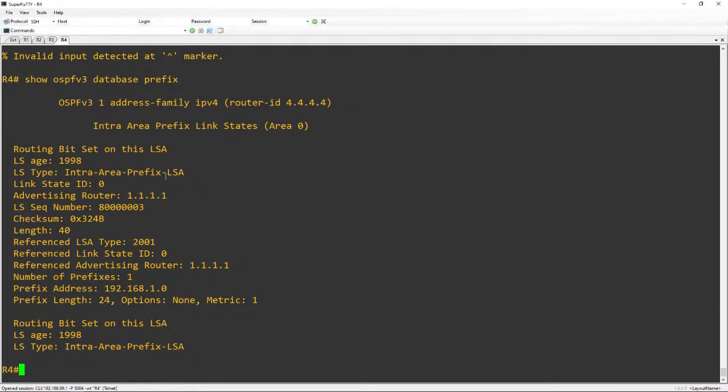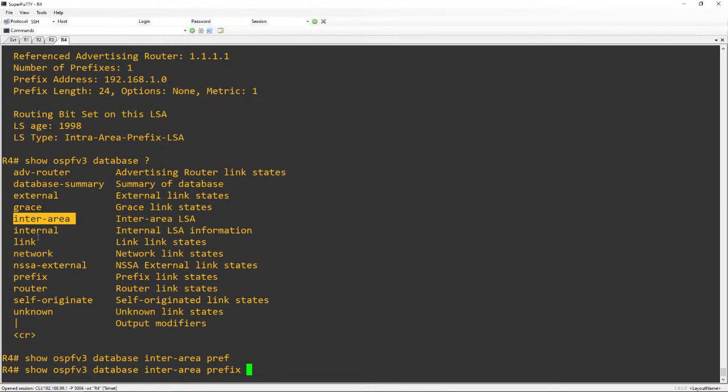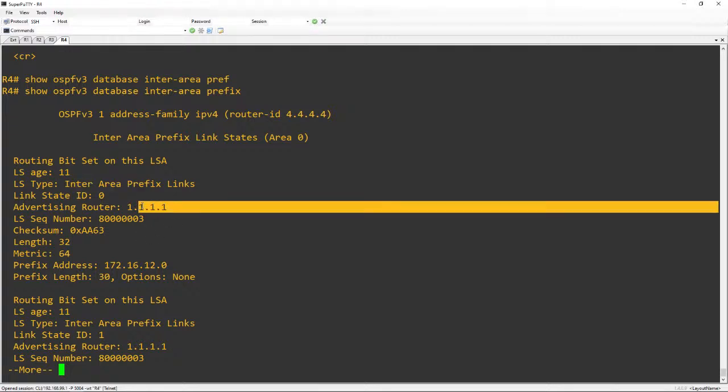I mistyped it. I was wondering why it was showing me the 1.0. I need inter-area prefix. I forgot to put the inter-area in there because it didn't make sense. 1.0 is in the same area as router 4, so that's an intra-area prefix. So here's my inter-area prefix LSA. Sorry about that. But it's still the same advertising router as the ABR.